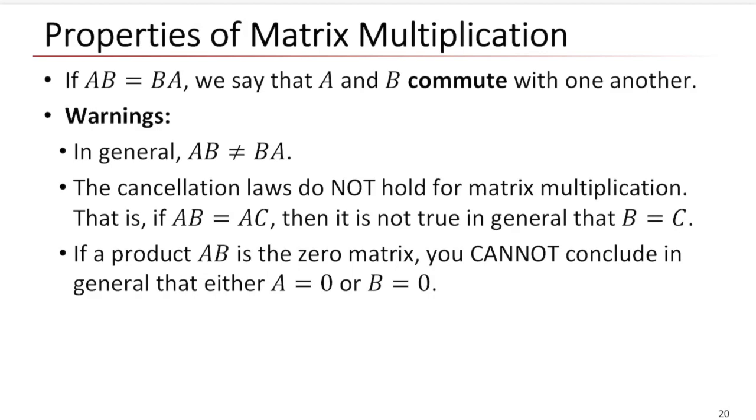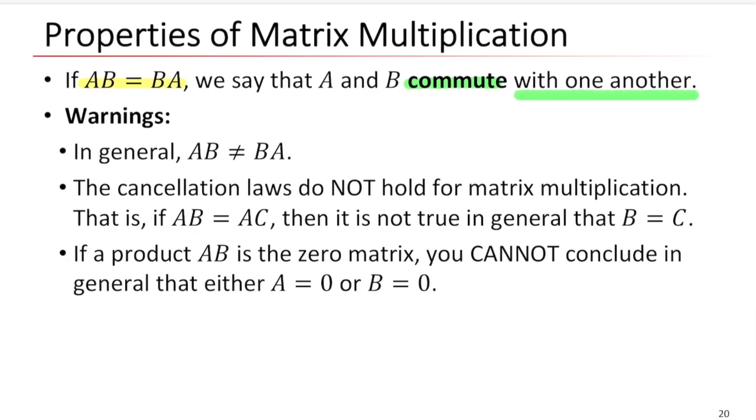Okay, here's one more rule. If AB is equal to BA, then we say that A and B commute with each other.